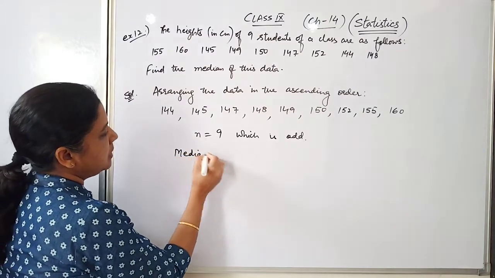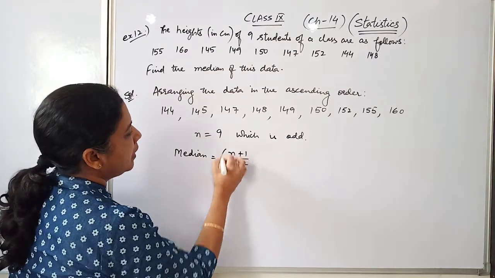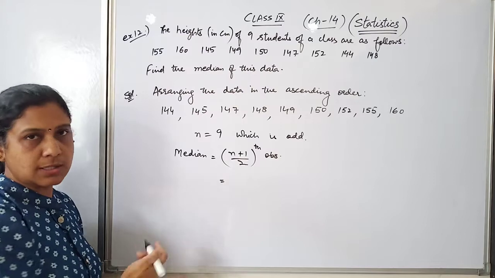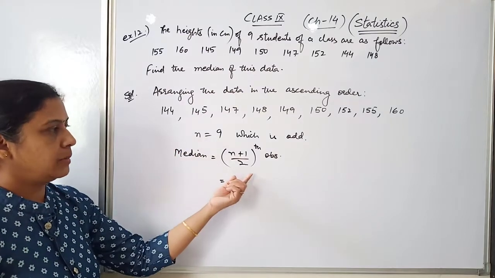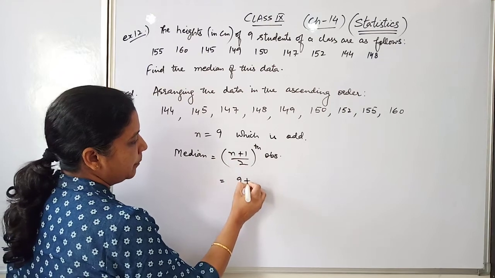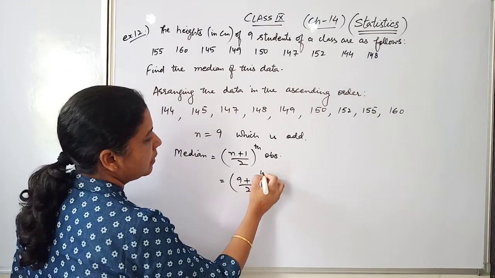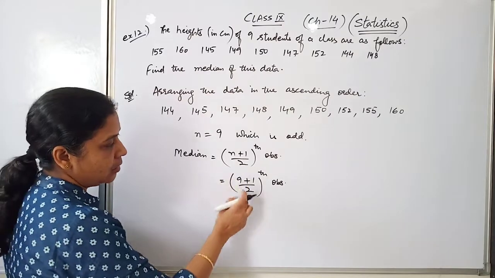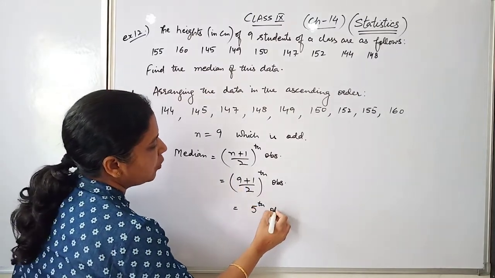So median is equal to (n plus 1) by 2th observation. As we have just discussed, if n is odd, this will be the formula for median. Let me put down the value. n is 9. (9 plus 1) by 2th observation. 9 plus 1 is 10, divided by 2 is the 5th observation.